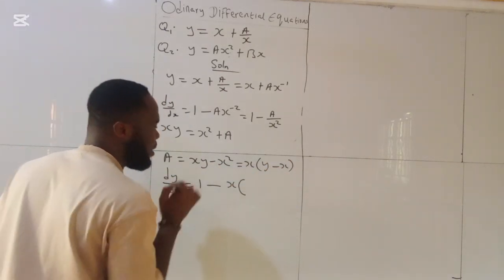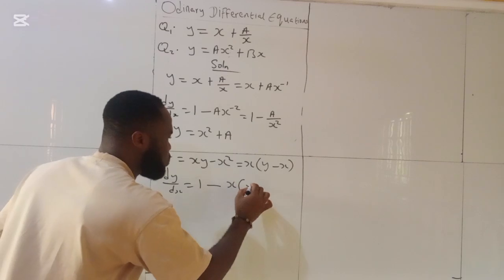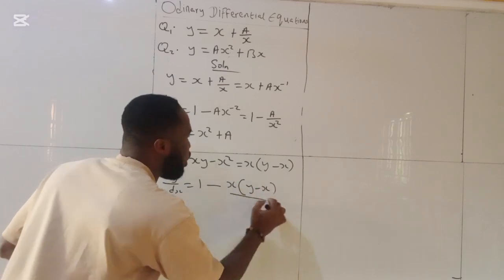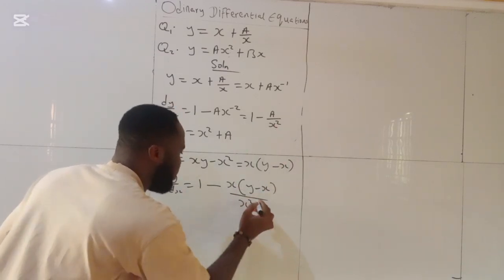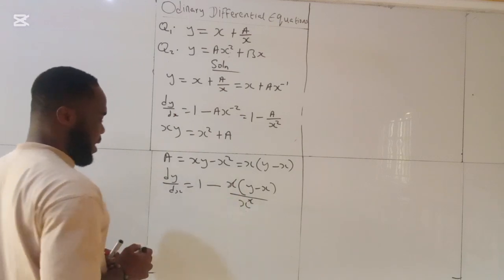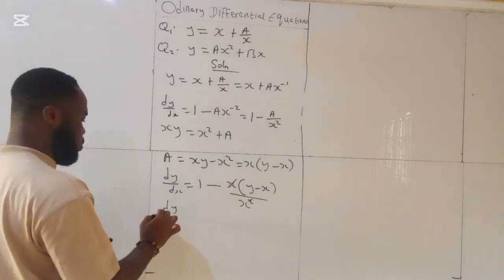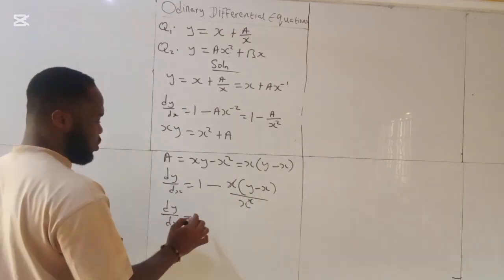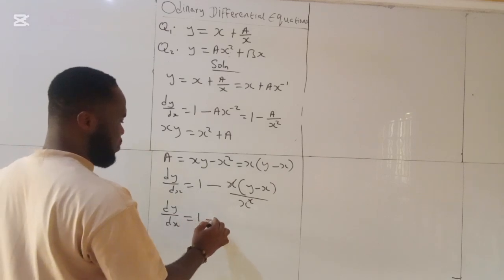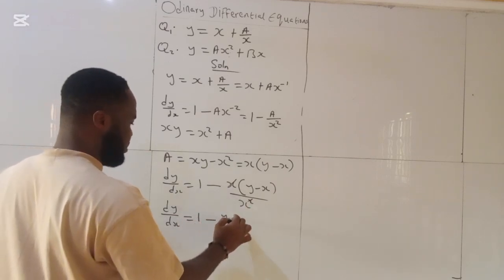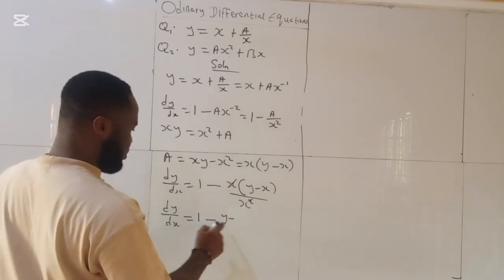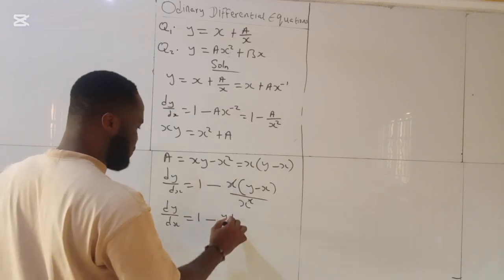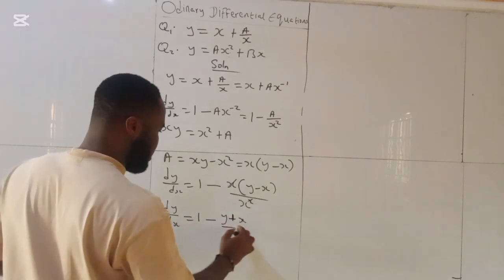Let's bring it down here. We're going to have x open bracket y take away x, then all over x squared. Okay? So 1 x will cancel 1 x. So we're left with dy dx is equal to 1 take away y take away x, take away is plus, okay? Plus x. Then all over x.